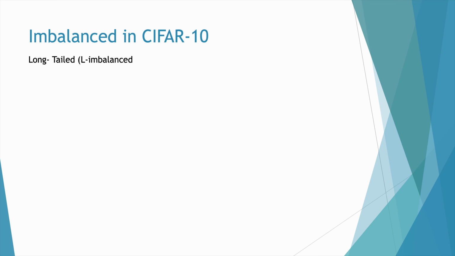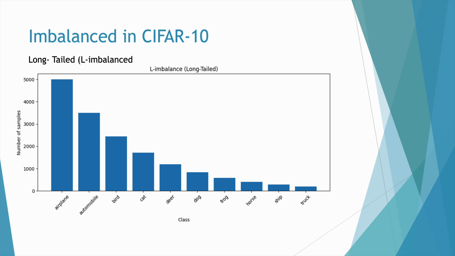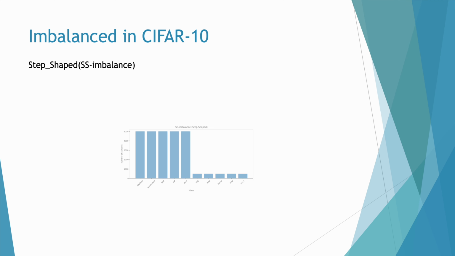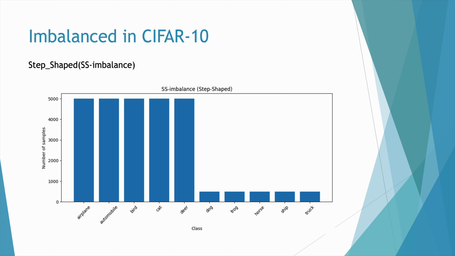The first imbalance is the long tail class imbalance, where each class has fewer examples than the last one, creating a gradual drop off, like in the real world where some animals are more common than others. The second one is the step shift imbalance, where half the classes have full examples and the other half have very few.